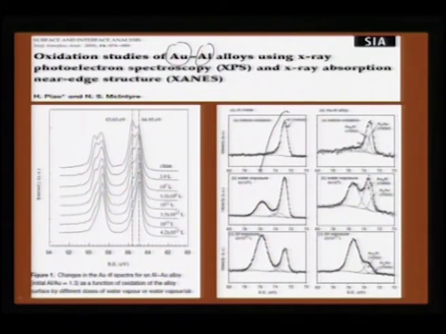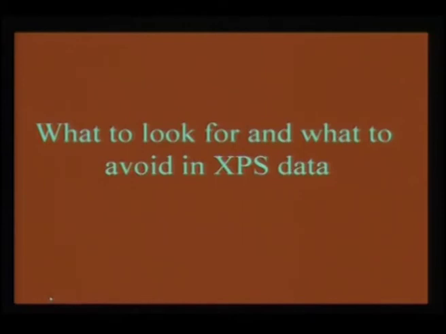So, if you take the XPS spectra of aluminum and compare with the aluminum gold alloy, you can clearly see that the conversion rate is much faster in this case compared to gold alloyed aluminum. So, when we try to look at the degradation process of alloys, XPS again can prove very useful.